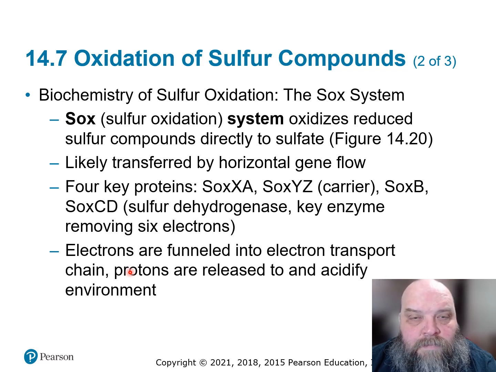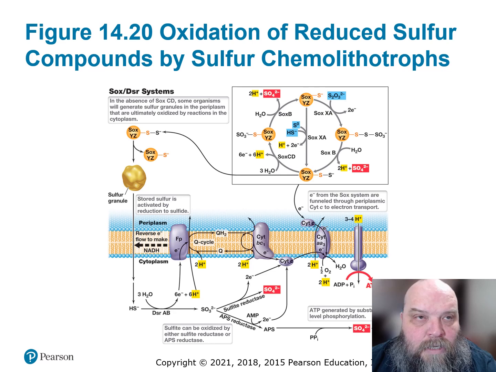Individual protein products have to come together to get sulfur dehydrogenase, or a carrier protein. These will oxidize and remove the electrons, which will then be funneled to a form of electron transport chain. Not exactly the same electron transport chain you've seen previously, but a similar theme. And no, I'm not going to go through all of this.